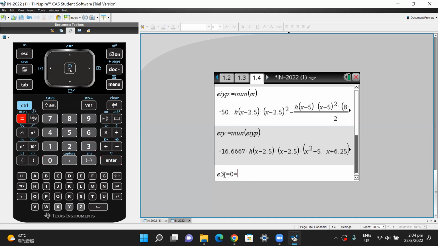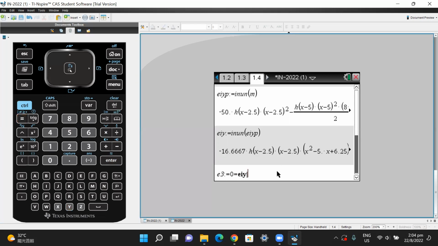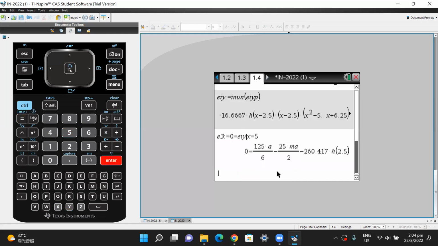And the first one is the EIY at B equals to 0, which is EIY and we put X equals to 5 equals to 0. And for the another equation should be EIY at C, which is X equals to 11 equals to 0.